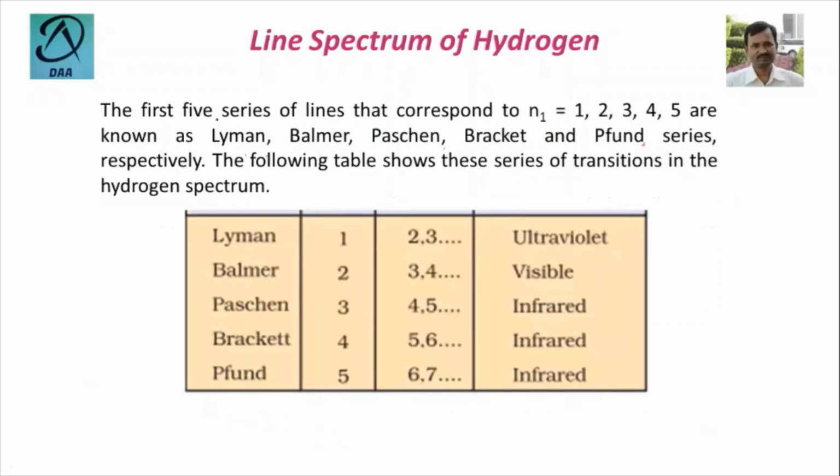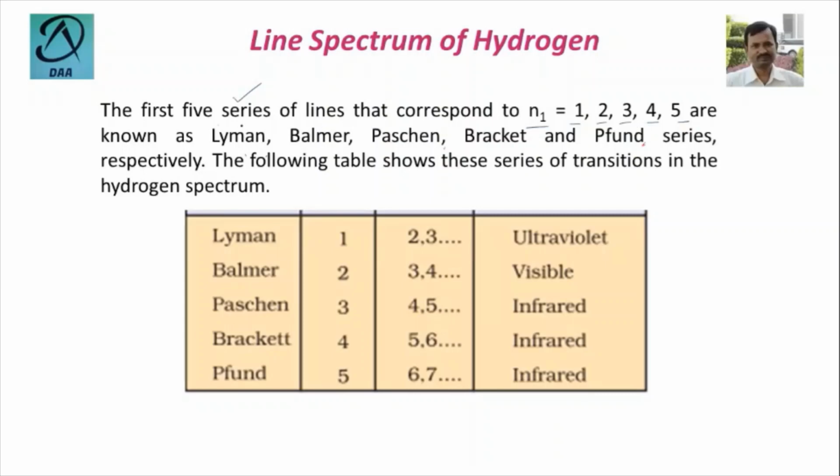Now, on the basis of these equations, the first 5 series of lines correspond to n1 equal to 1, 2, 3, 4, 5. So there are 5 different wave numbers for hydrogen.